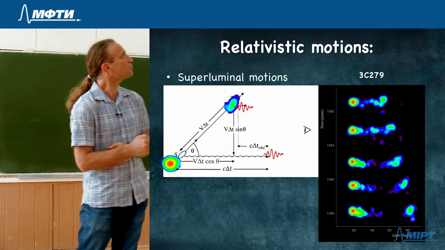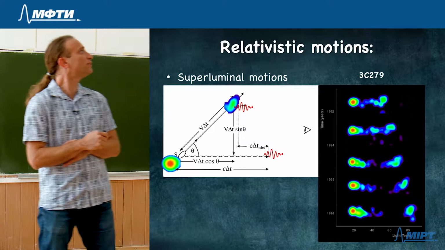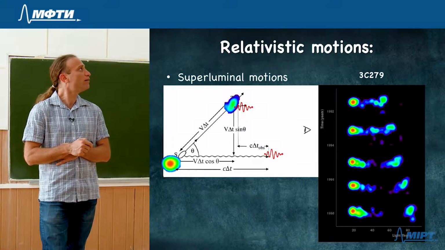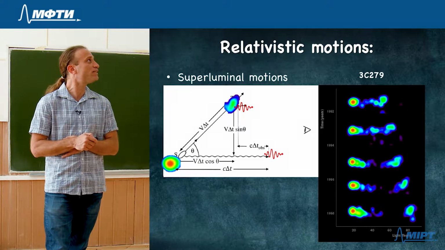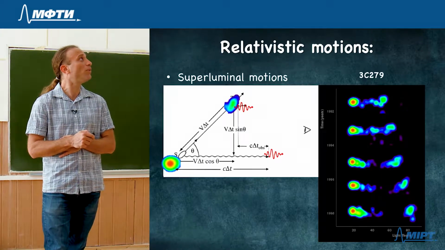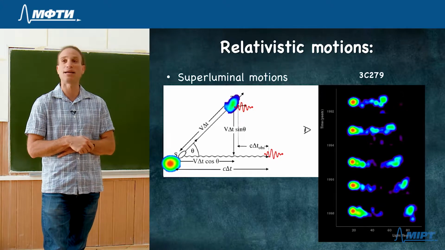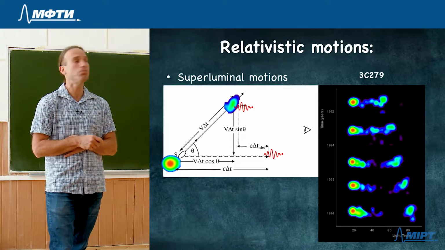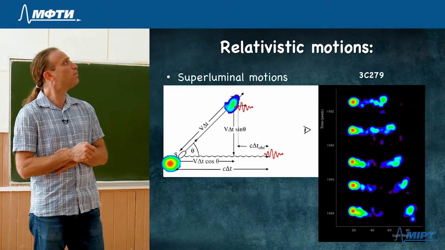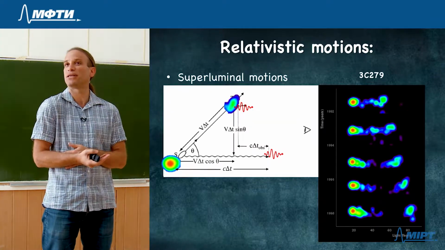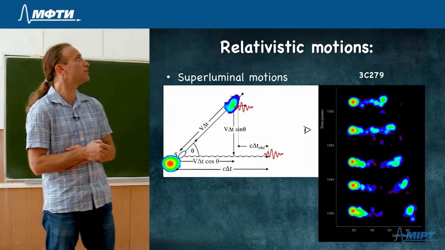So let's put it in a plot and let's explain. At the time of the launching, this photon moves at a velocity of c, and by the time that the blob reaches this location, the distance that this photon covers is c times delta t. Okay? Simple. Now, this blob moves to this location at the velocity v, which is smaller than c, because nothing can move at a velocity larger than the speed of light.